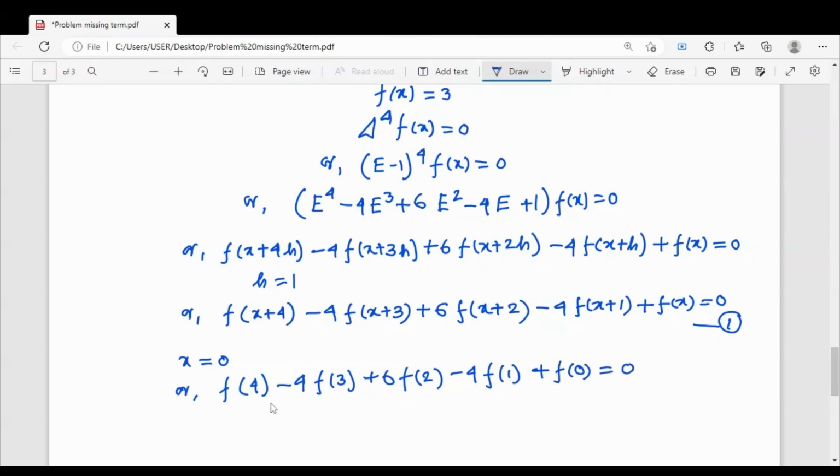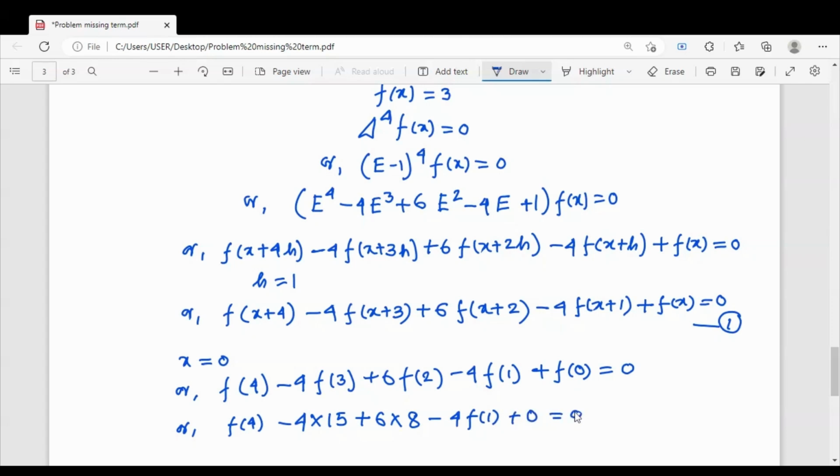Now we put these values from the above table. You have to find the value of f(4), minus 4 into 15, plus 6 into 8, minus 4 f(1) which you have to find, and f(0) equal to 0.